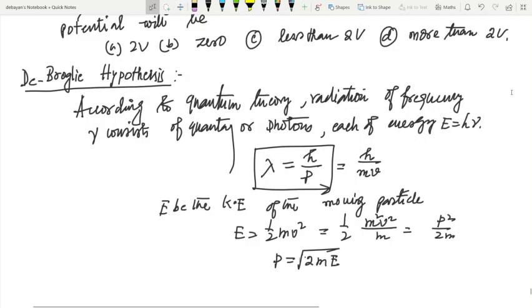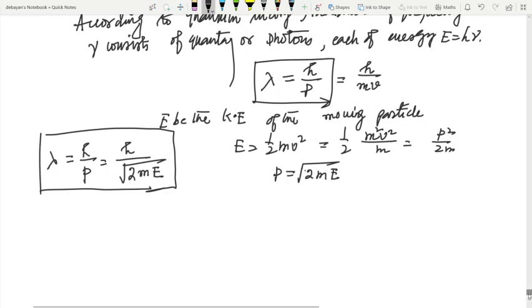And of course, we know that according to the kinetic theory of gases, the average kinetic energy of the material particle, that is E equals half mv square, is equal to 3 by 2 kT.